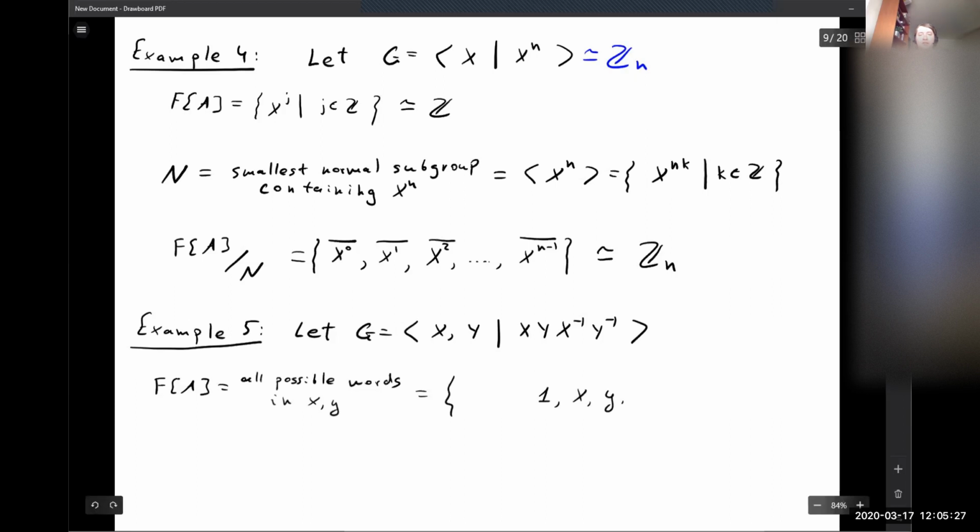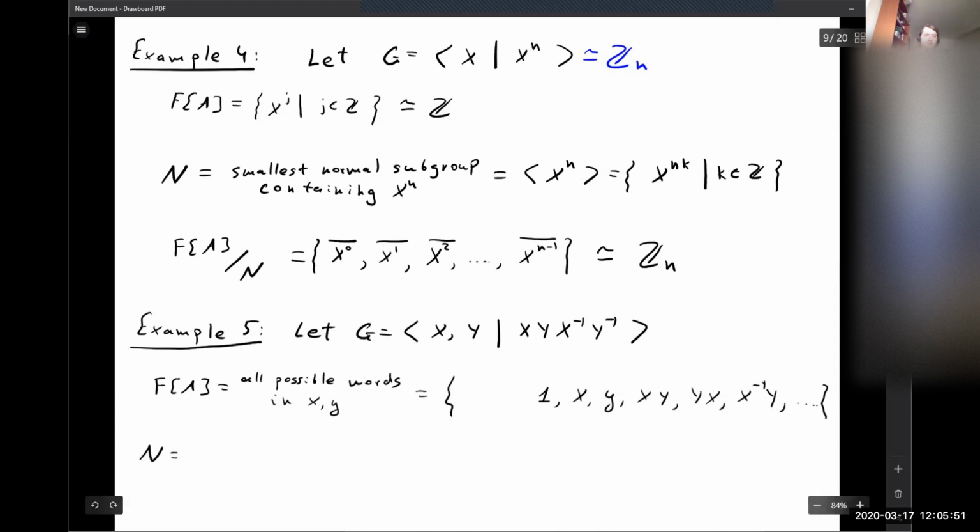We will find x, we will find y, we will find xy, yx, x inverse y, etc. And they are all different, so they are not equal to each other. So there are tons of elements.